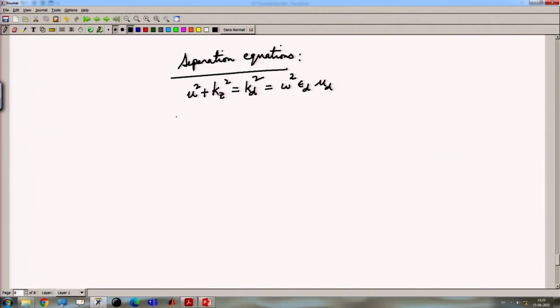And next we have the separation equation in the air region, which is minus v square plus k z square equal to k 0 square, that is equal to omega square epsilon naught mu naught.